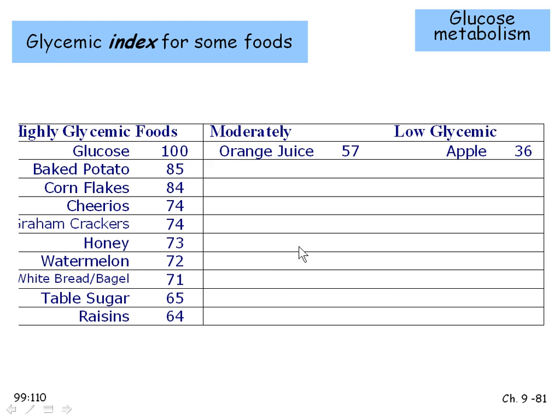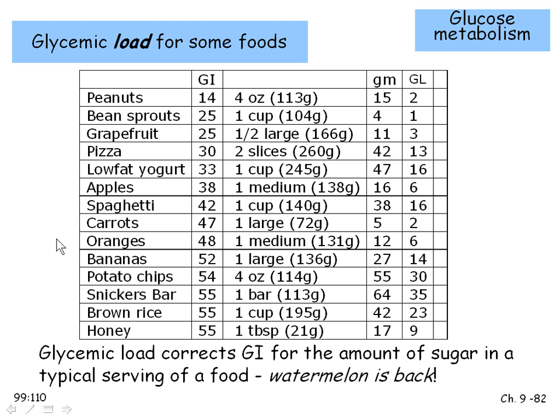But what's probably more interesting here is this chart that did work, which is taking into account the idea that it's not just comparing 100 grams of glucose in this food to 100 grams of carbohydrate in this food, because some of these foods, you don't eat enough of them to get 100 grams of sugar. Like for watermelon, for instance, watermelon has so much water in it that by the time you've eaten 100 grams of sugar in it, you've eaten more watermelon than anybody would eat.